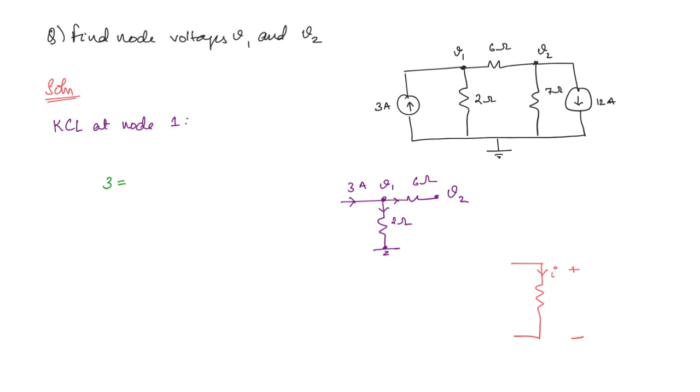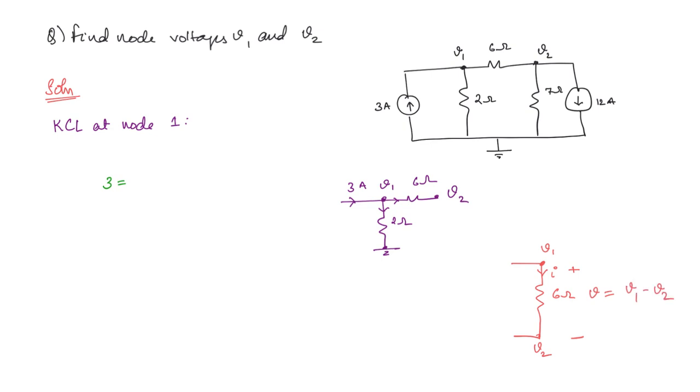For a voltage source, the polarity is given, right? But for a resistance, the polarity will be formed according to the direction of the current. Whichever terminal the current is entering, that will be the positive terminal. So if this is V1 and this is V2, then we write V1 minus V2.